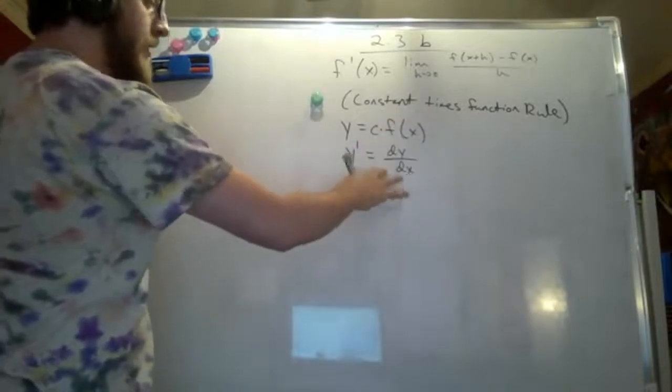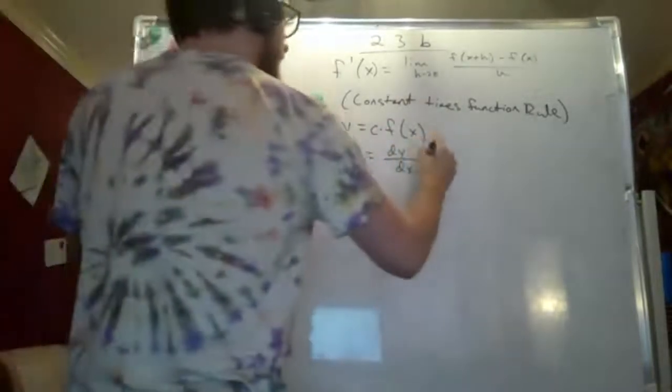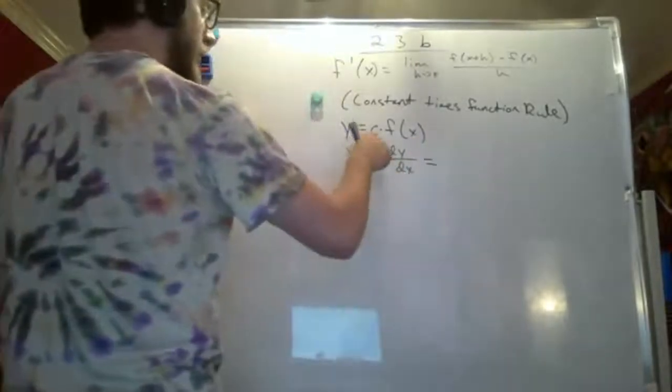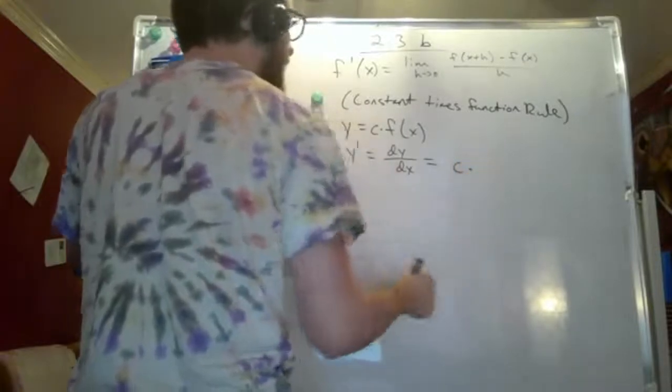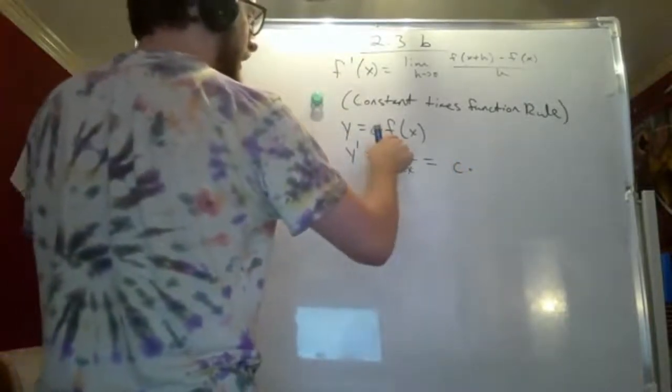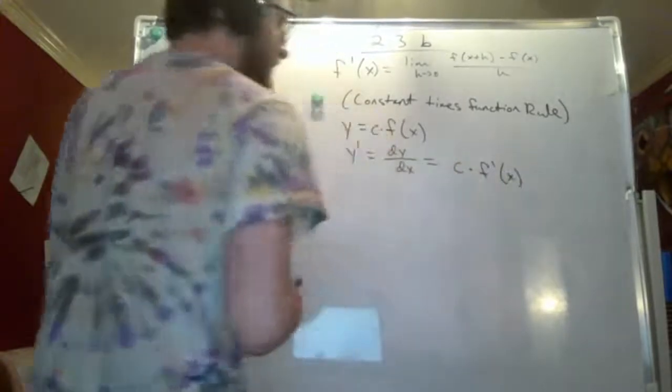So nothing fancy. It means the same thing we've been doing. So dy dx is equal to the constant, we can just leave it alone, let it sit on the outside, times the derivative of f, which is f prime of x.